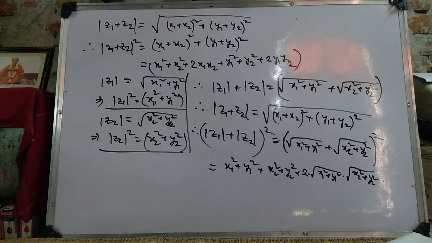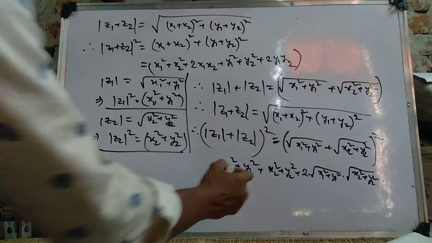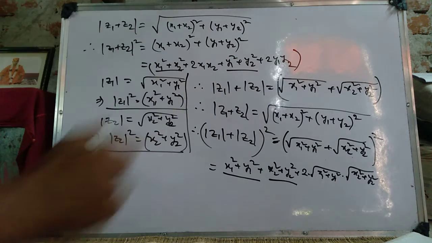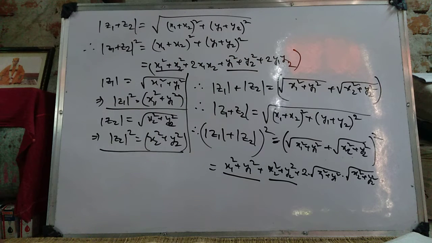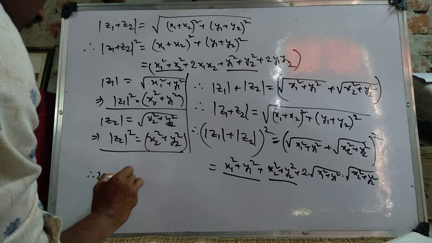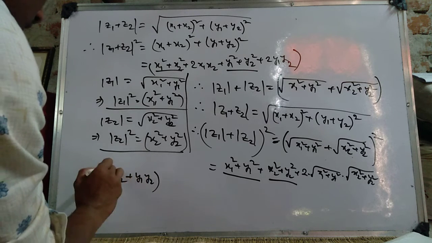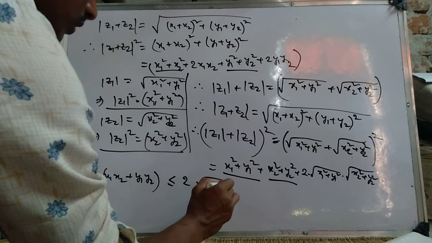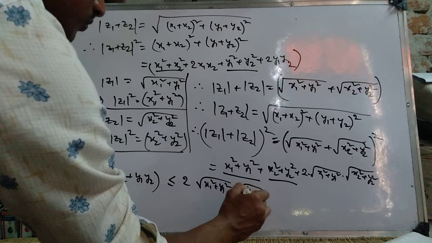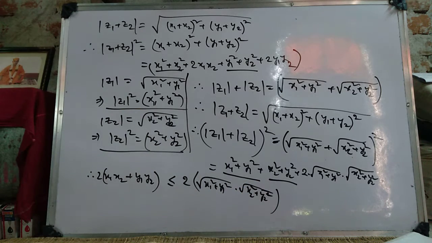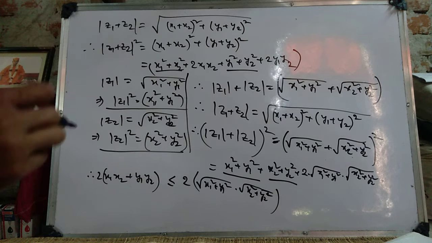We get from here that this one, or this one. Okay, and obviously we have seen about it: 2 times x1 x2 plus y1 y2 less than or equal to 2 times square root of x1 square plus y1 square times x2 square plus y2 square. Then what we get?